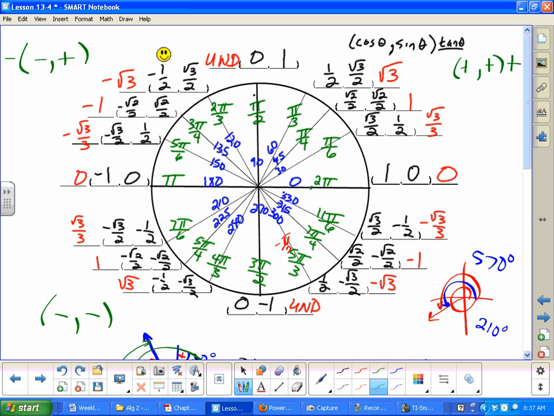X and y are negative in the third, so tangent would be positive. And then in the fourth, cosine's positive, sine negative, tangent negative. So if you're talking about sine, then where's y negative? If we're talking about tangent, then we're talking about the other one. When is the one on the outside negative?